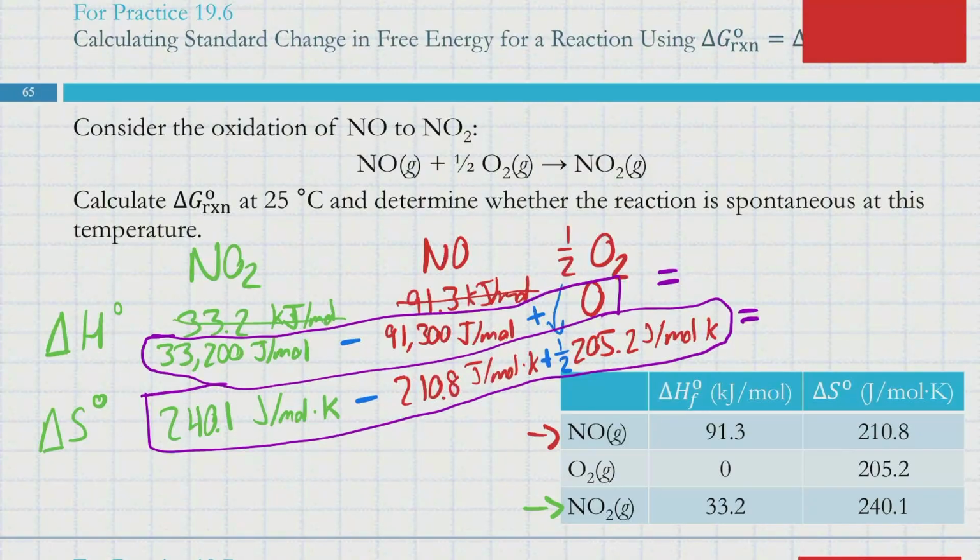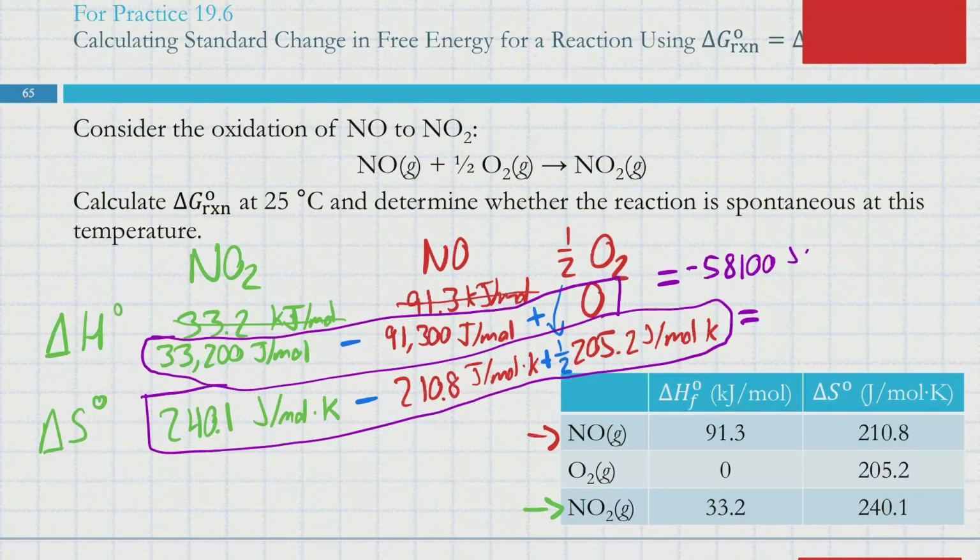Calculator time. So for our delta H, it's negative 58,100 joules per mole.